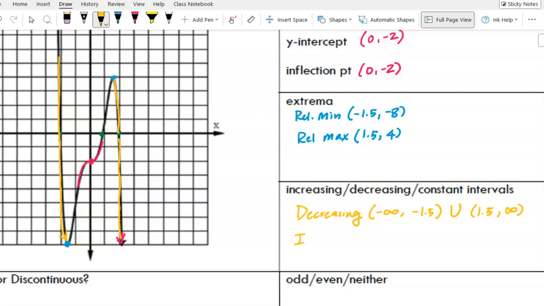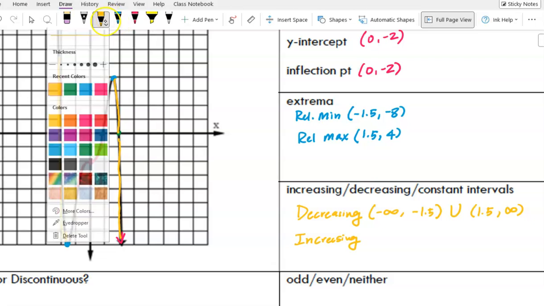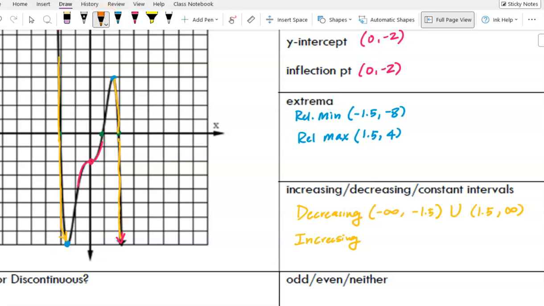And then increasing, orange, is going to be this entire middle section. So it's going to be from negative 1.5, the relative min, to the relative max. And there's no constants.